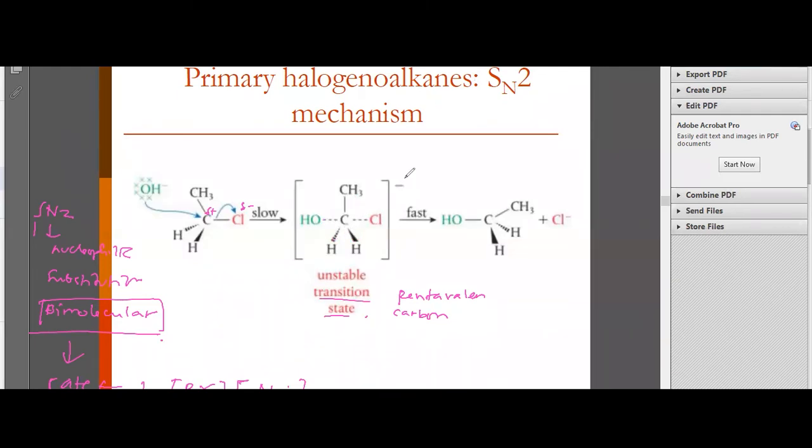And you can see here it has a negative charge, due to OH minus attacking this molecule. So now this transition state species has a negative charge. And this is not stable. Why? Because carbon will not have 5 bonds, but only 4. So that's why it is unstable.